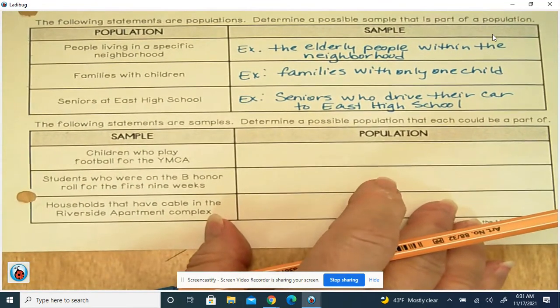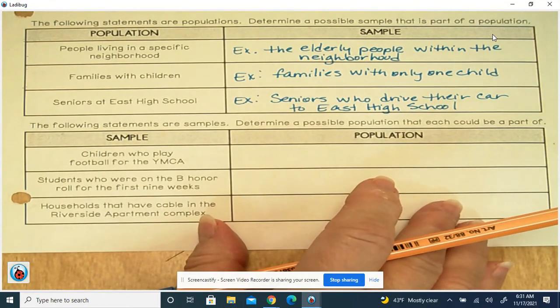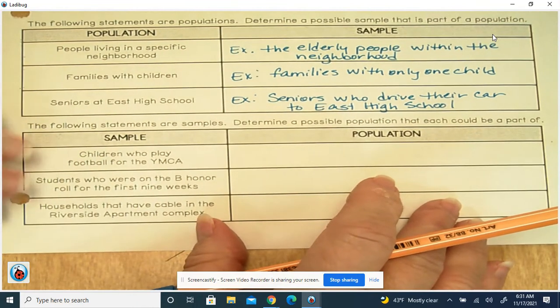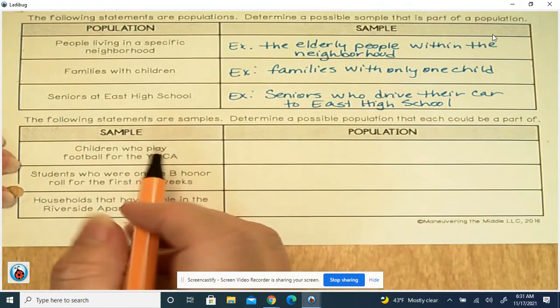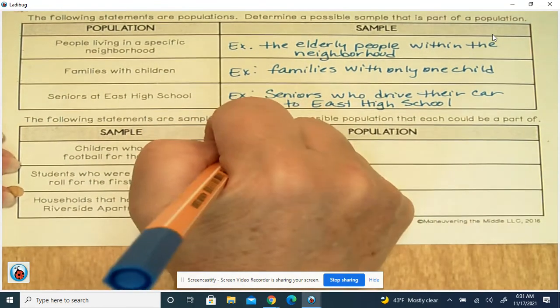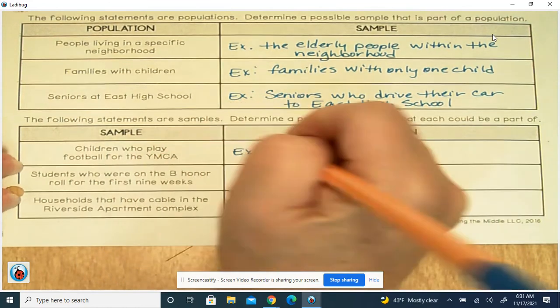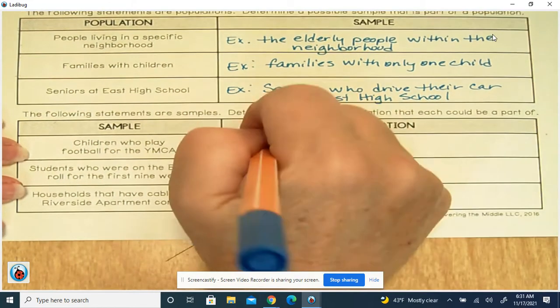Now, samples. Children who play football for the YMCA. That's a sample. So the population for that could be people who participate in YMCA programs.